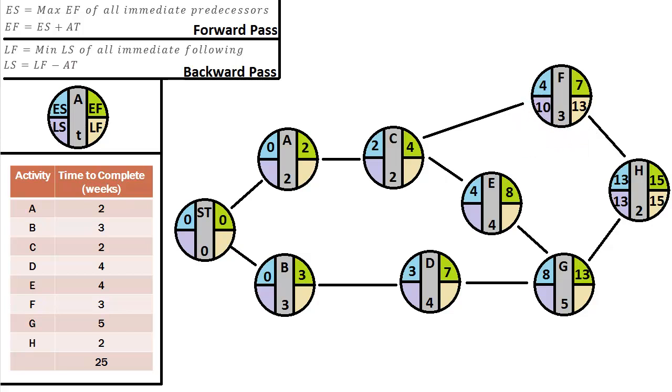There we go. Let's go down to G. Let's find our latest finish. Remember that that is just the minimum late start of all activities following it. Just like F, the only activity following G is H, and of course the latest start in H is 13.